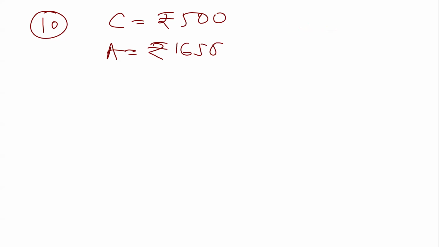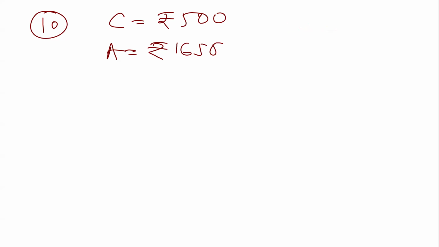I is mentioned. I = 10%, it's given in the problem. So A = (C/I)((1 + I)^n - 1). What do we have to find out in this problem? We have to find the number of installments, the number of years. So 1655 = (500/I)((1 + I)^n - 1).